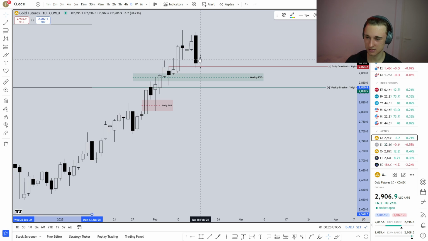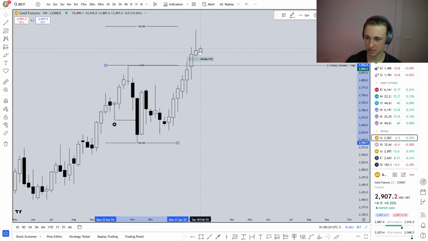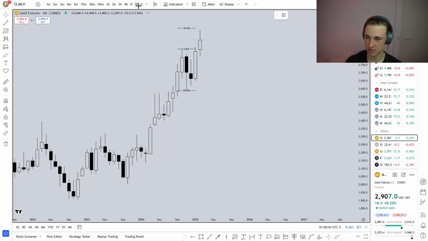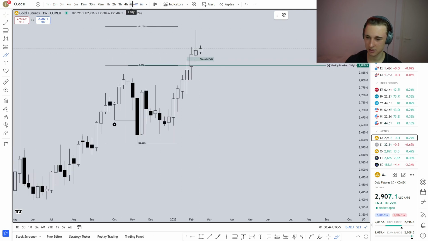Markets could still see upside from this level. Otherwise, I expect a deeper retracement to then trade higher again. This is a low resistance liquidity run, which is really, really good. I think gold still has some massive potential to the upside, and we could continue a rally from the daily order block high or retrace into the weekly fair value gap.